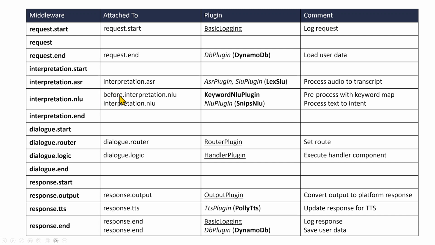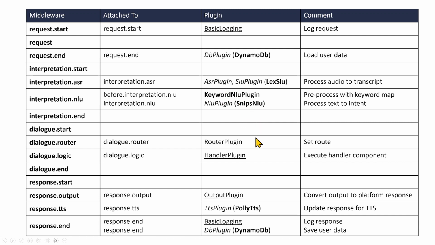So before any interpretation.nlu plugins or middleware is called, this one's going to be called, and you could then, in essence, short circuit and map. If a very specific situation or phrase happened, then you could specify what the NLU was, what the intent was, and it could skip the NLU step because it already knows what the intent is.